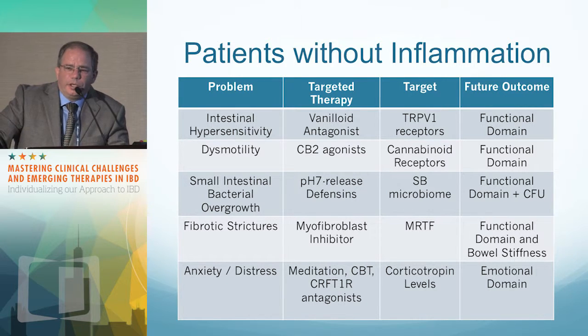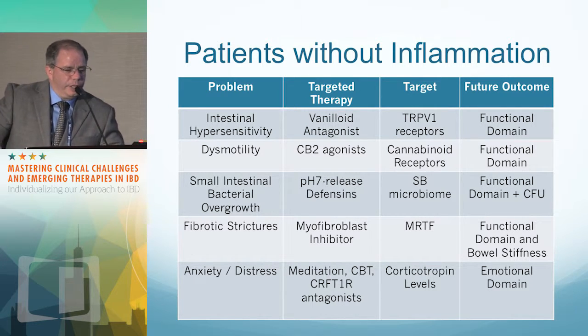You might be able to target TRPV1 vanilloid receptors, and there are drugs in the pipeline for this, and affect this pain and hypersensitivity. For dysmotility, certainly we know that 30% or more of Crohn's patients use marijuana, and Dr. Kanukin will talk about that this afternoon, but perhaps specific, pure, and safe cannabinoid receptor antagonists can really make a difference in the functional domain.